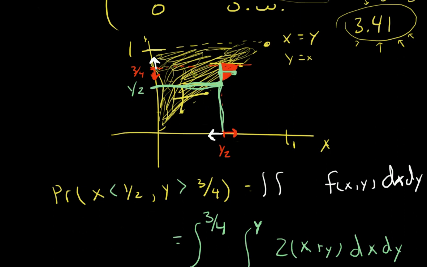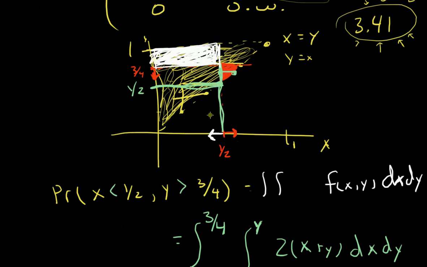Where do these two things collide? They collide right here in this rectangle. It's a rectangle, which is really nice, because now I need to integrate over this rectangle, which is a lot easier than integrating over a little tiny triangle.